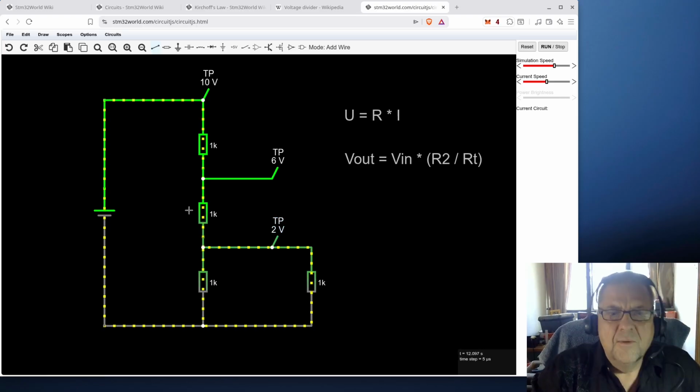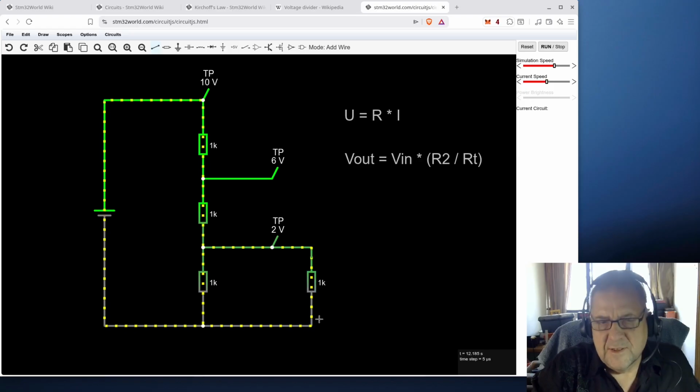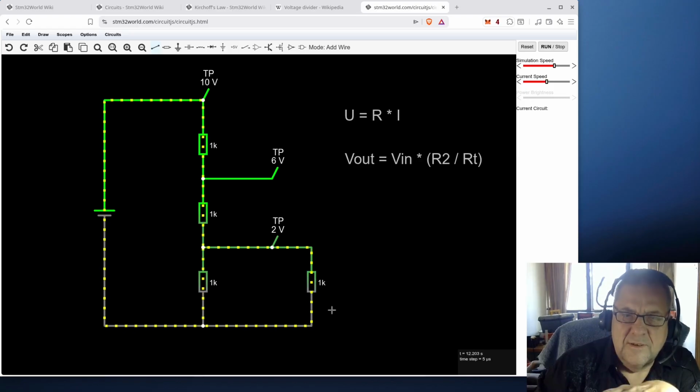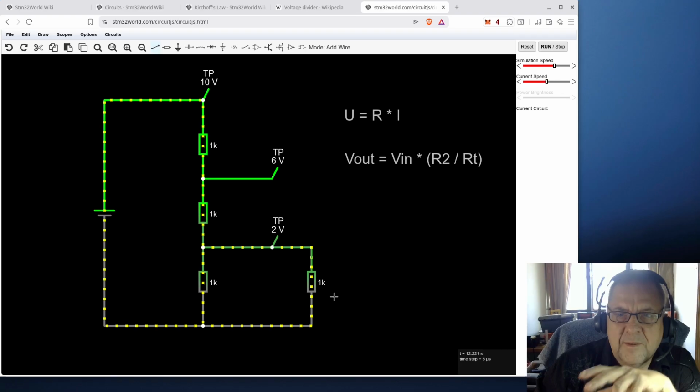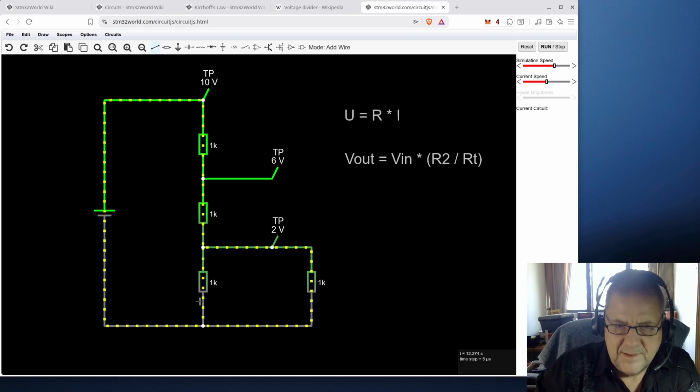Why is that? Well, because of Kirchhoff's law, whatever flows into this point is the same that flows out. Part will flow down there, part will flow over here, and through that resistor. And these two resistors together is then the bottom resistor, and that bottom resistor is actually half, because they're the same, so half will flow each way.